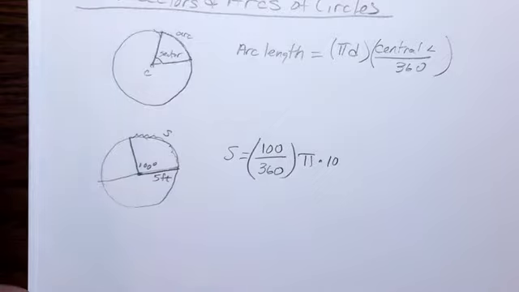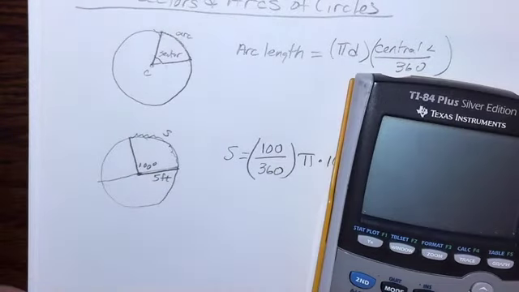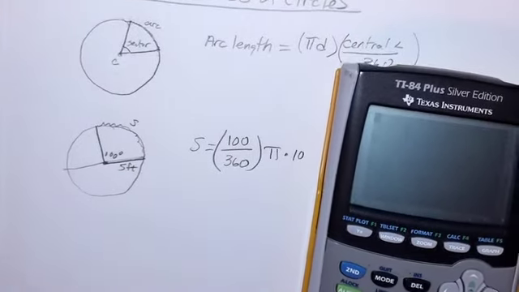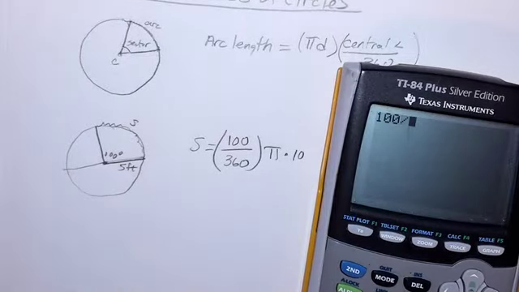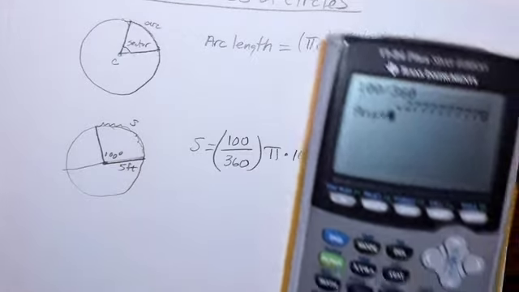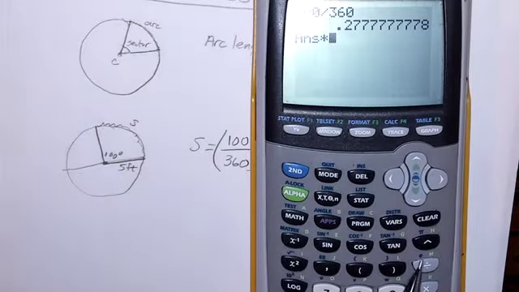Then you just take your calculator and you work that out. We're going to go 100 divided by 360 equals that times pi. And now you can use 3.14 for pi. We also can look on most calculators, they have a pi button. This one's hidden right here.